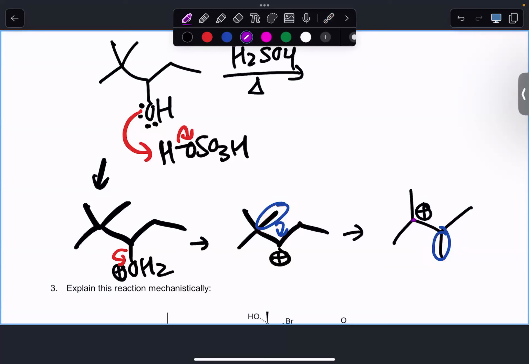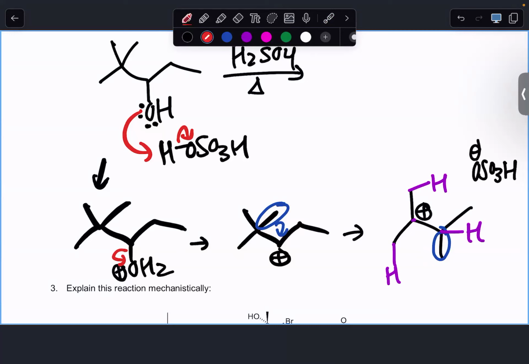Now for E1, we have to locate all the beta hydrogens. That's a beta hydrogen, this is a beta hydrogen, and that's another beta hydrogen. We want to look for the beta hydrogen that gives us the most stable double bond, which is going to be the most substituted beta hydrogen. So which one of these beta hydrogens is the most substituted? Yeah, the one on the left side. So we could use the conjugate base that we formed in the beginning as the base to grab that beta hydrogen.